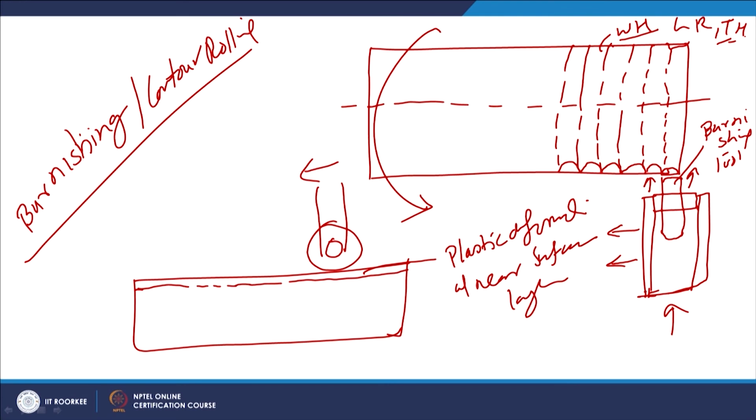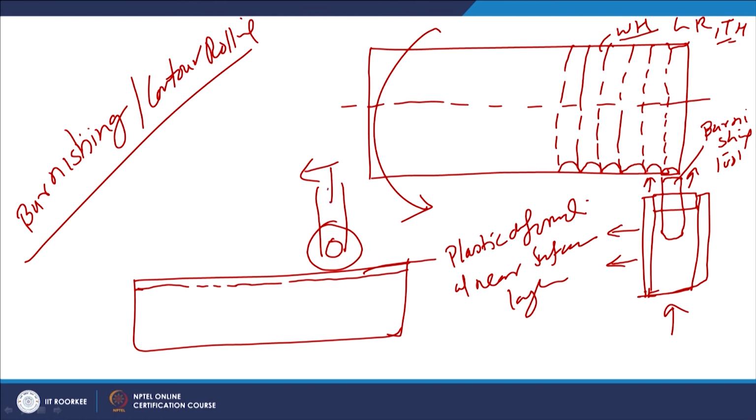Now we will see schematically what happens whenever the burnishing tool is pressed against the rotating workpiece or on the flat surface of the workpiece.